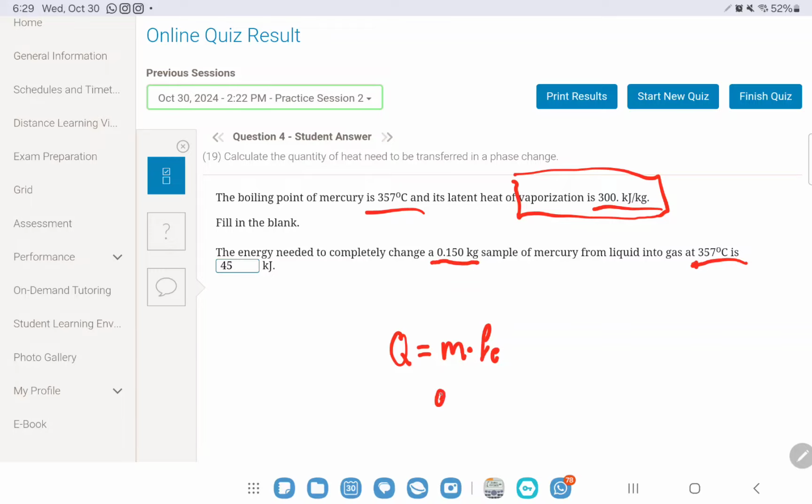Our mass, 0.150 times 300. I'm going to put it in my calculator really quick. 300 times 0.150. You're going to get your answer to be 45. Now, you're going to ask me, why didn't we make this into kilojoules? Because look here, you have it in kilojoules already.